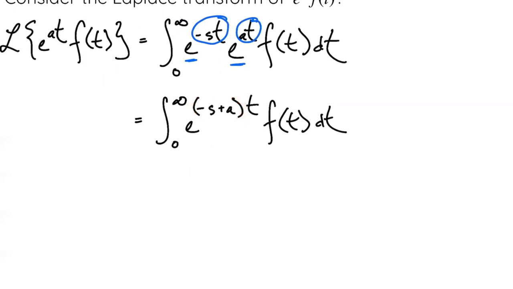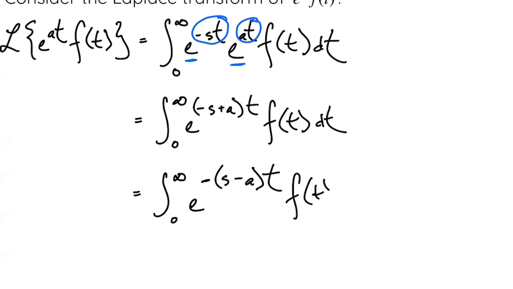And let's see what we get. Integral from 0 to infinity of e to the negative, and if I factor out a negative sign, I'll get s minus a times the t. Okay, so all we've done is factor out that negative sign. And we still have our f of t dt.